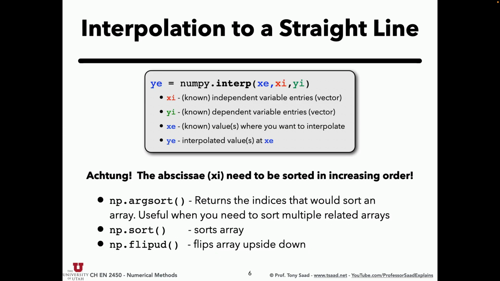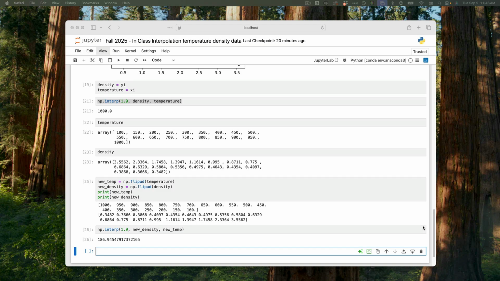Now, the way you use it is mind-blowing. The best way to explain it is by example. For simplicity, A is np.array, and let's put 5, 7, 1, 10.8, 0.1.